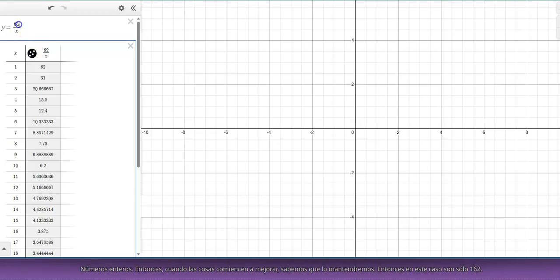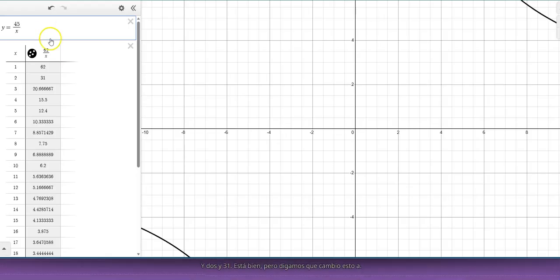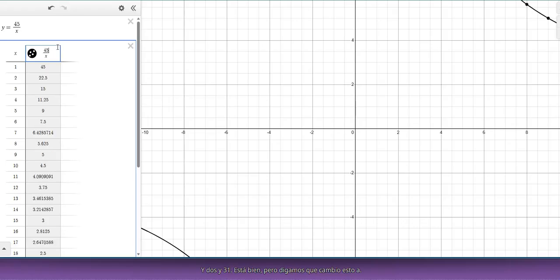Okay, but let's say I change this to 45. I can also change this to 45, and it also will do the same thing. So it's 45 and 1, 15 and 3, 9 and 5, and then when we get back down to 5 and 9, that's when it wraps around, we could stop.